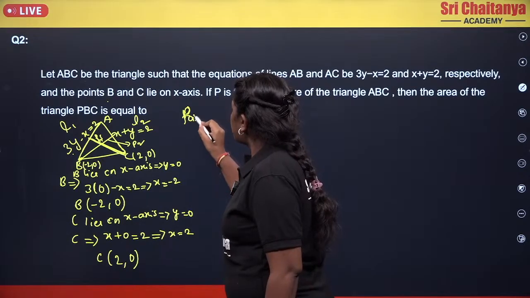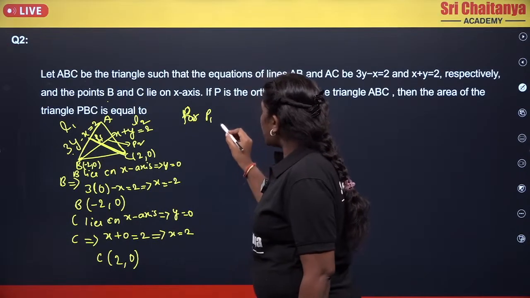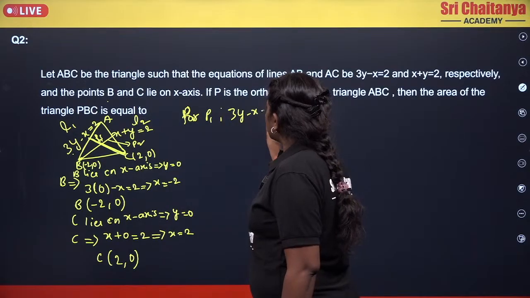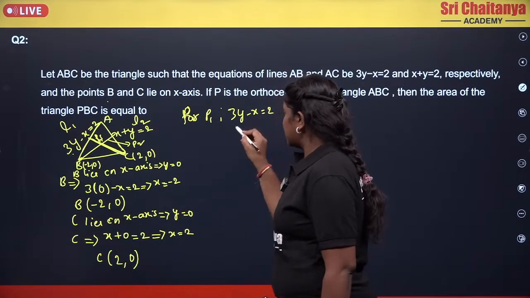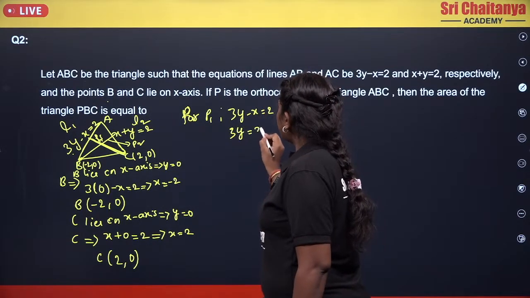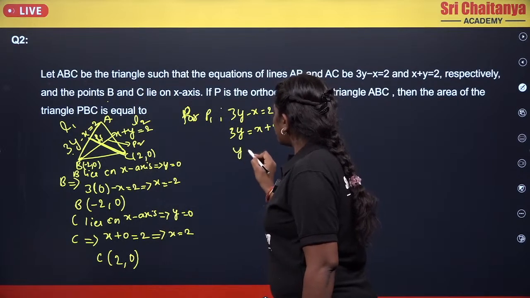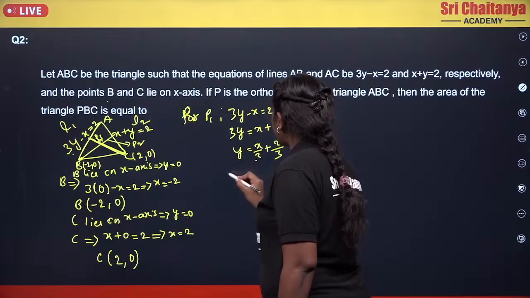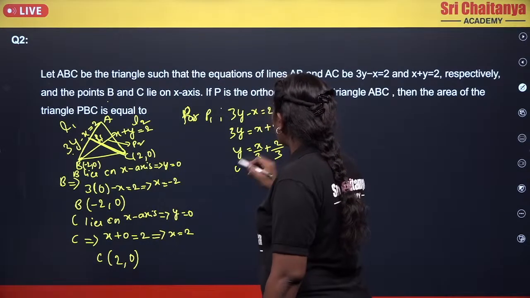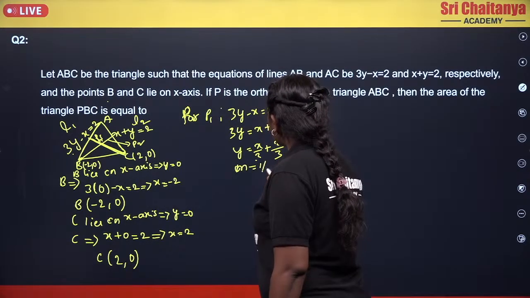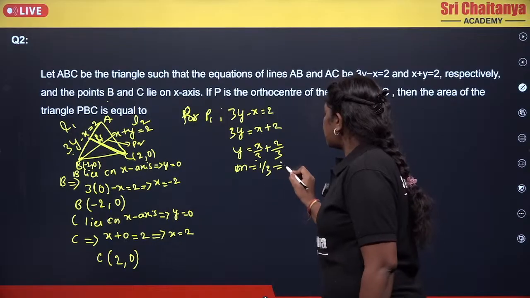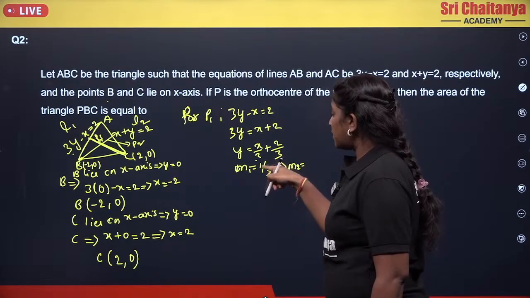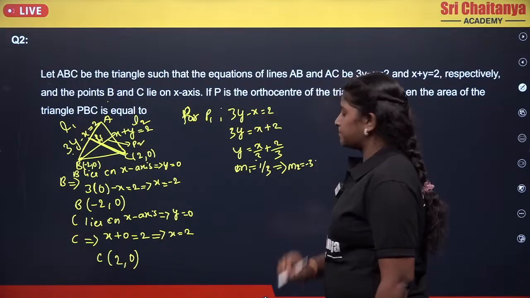Now coming to here, we can find perpendicular 1. For perpendicular 1, we will have the slope from 3y minus x equals 2. From this we can take 3y equals x plus 2, where y equals x by 3 plus 2 by 3. So from there we got m equals 1 by 3. So from there m1 and m2 will become minus 1 divided by 1 by 3, that becomes minus 3.